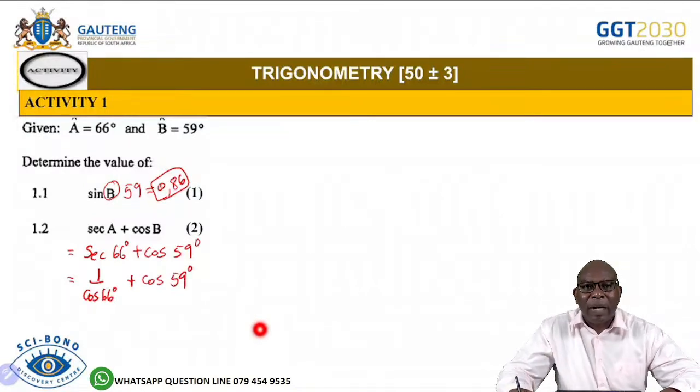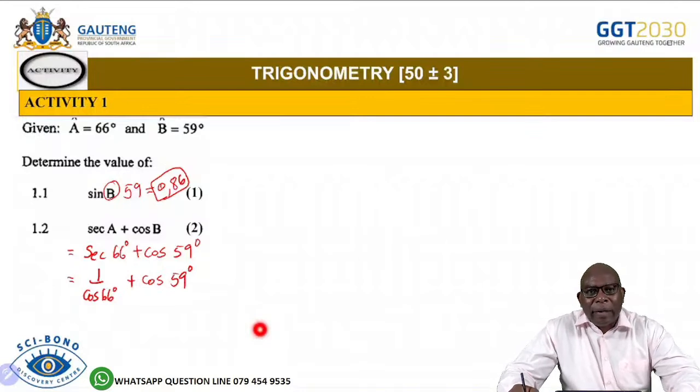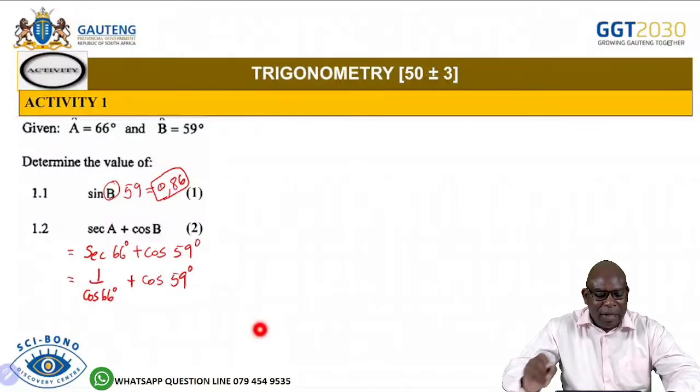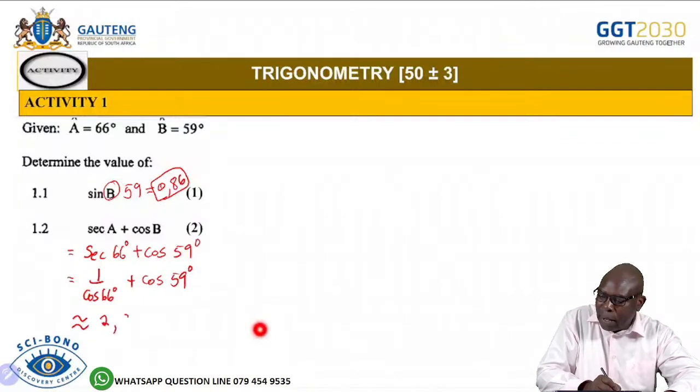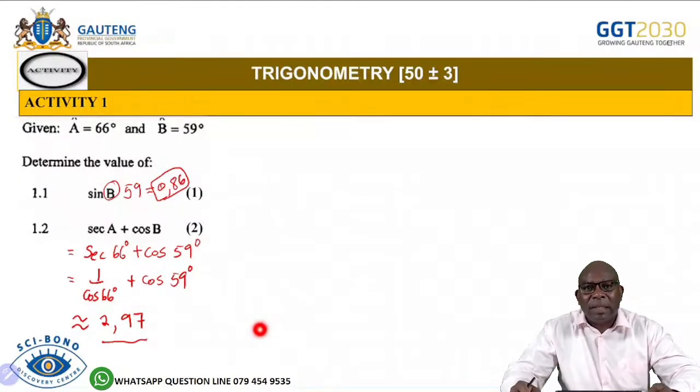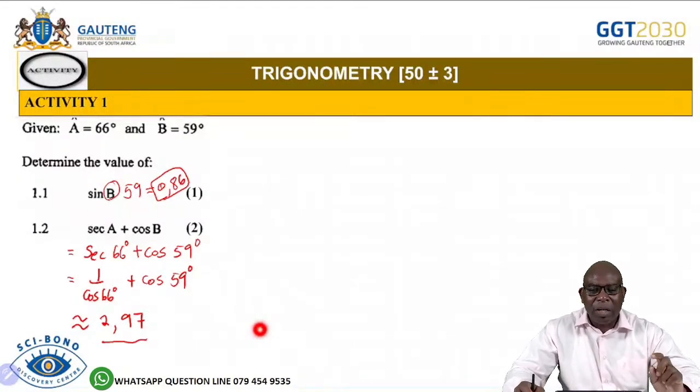Then I can go to my calculator and do that. 1 divided by cos of 66 and then plus cos of 59, and I hope you're getting the same answer as I got. It's 2.97. It is not in degrees, it is just a number. Don't put a degree sign on that answer.